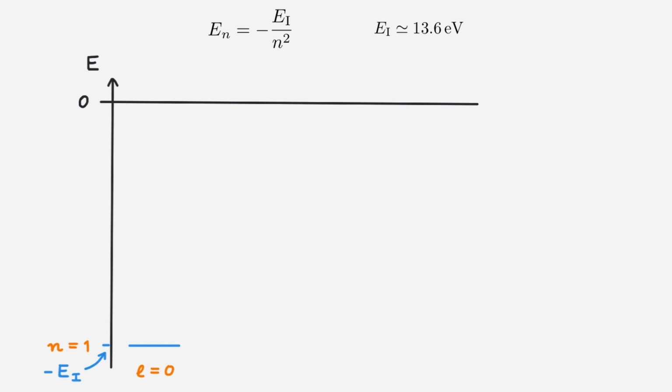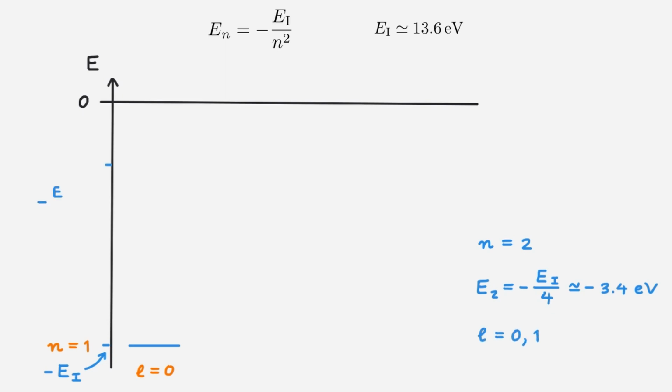Let's make some room. And let's now move on to the first excited state, n equals 2. The energy is equal to minus the ionization energy over 4, which has a numerical value of minus 3.4 electron volts. For n equals 2, we have two possible values for the azimuthal quantum number, l equals 0 and 1.